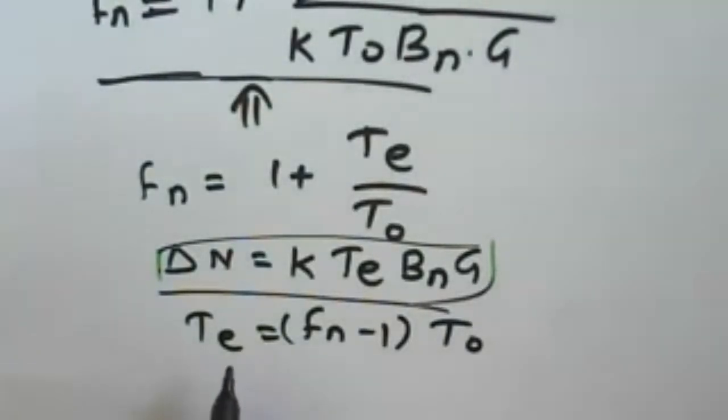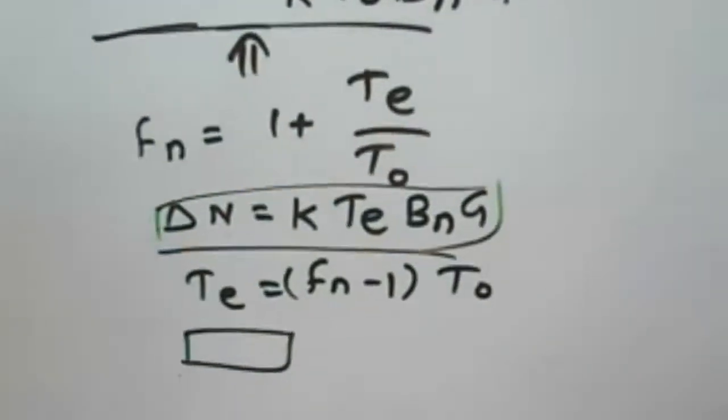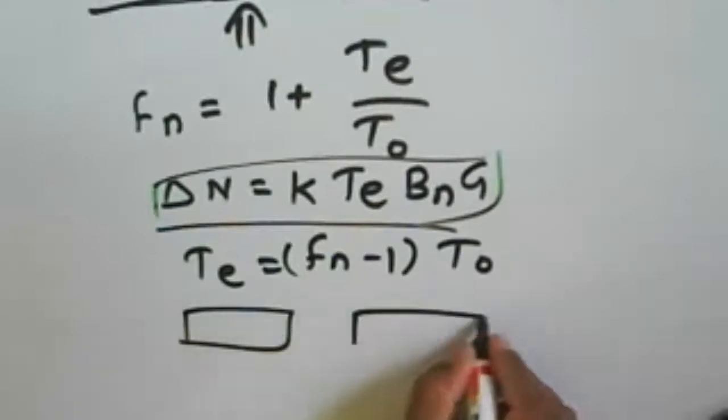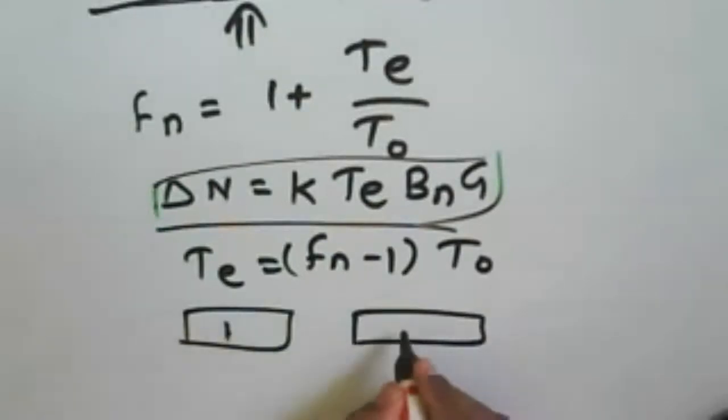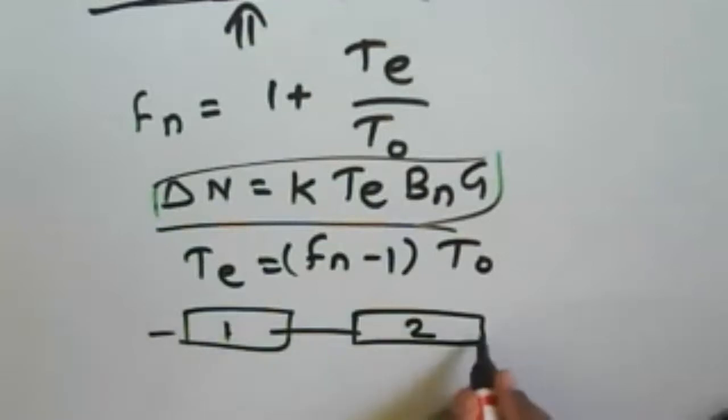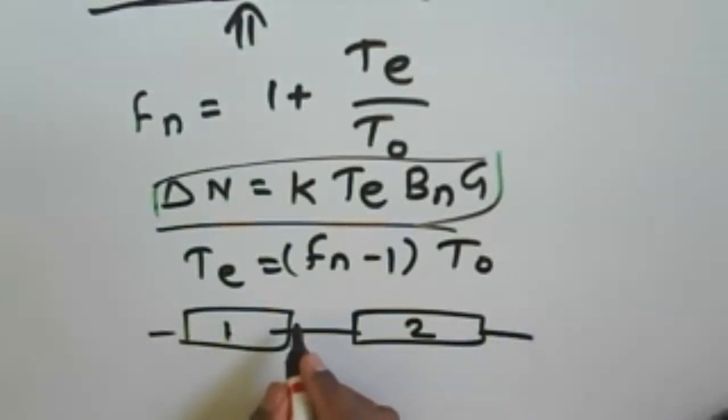So in general, for a cascaded network, every network, 1, 2, in cascade, has its effective noise temperature.